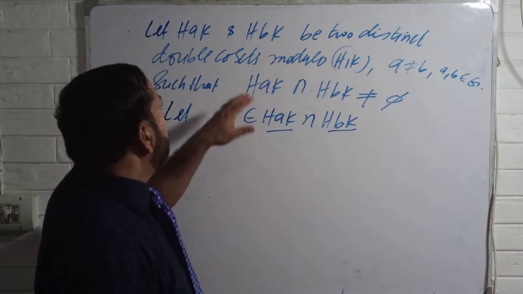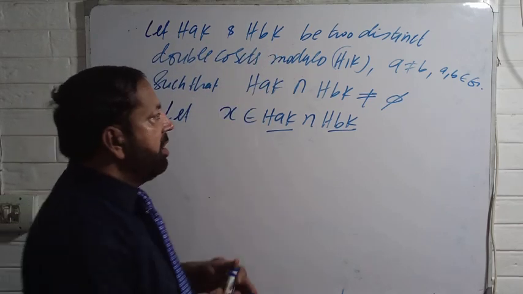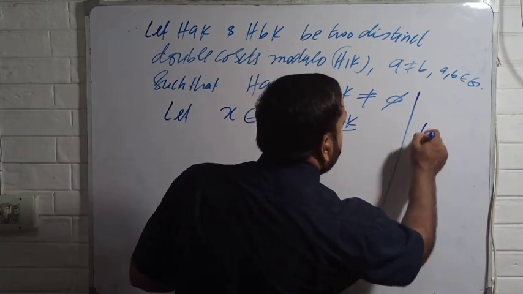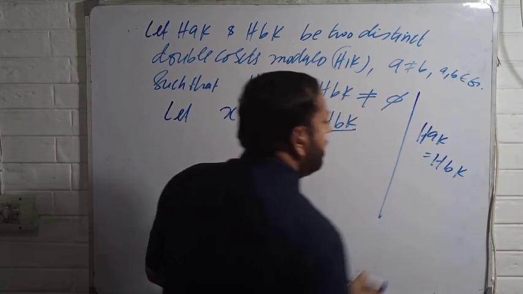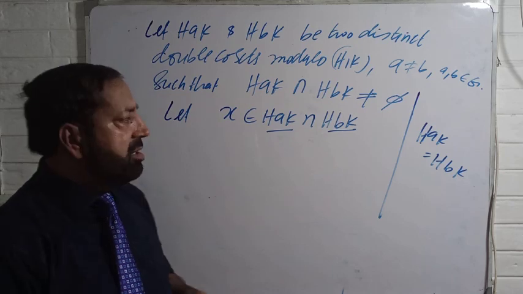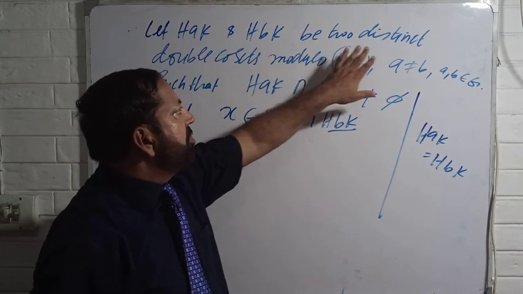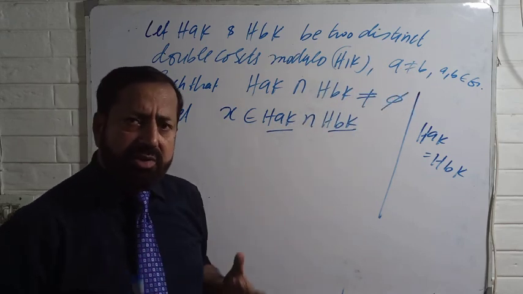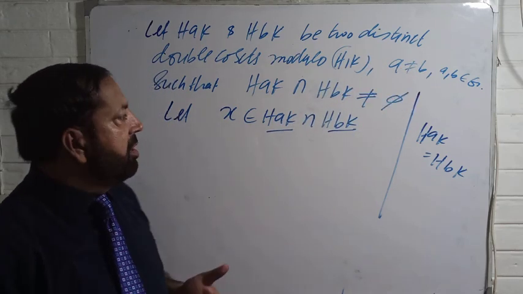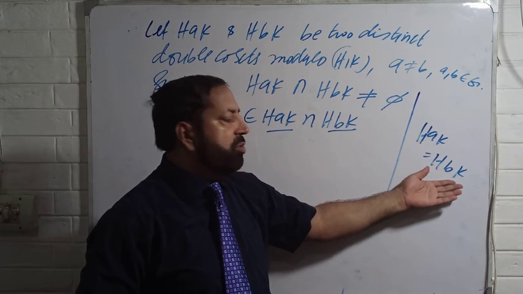Our aim is to show that HAK is equal to HBK. If I can show that, then I would have a contradiction, because I have supposed that HAK and HBK are two distinct double cosets. So taking two distinct double cosets is not a problem, and my target is to show that HAK is equal to HBK.